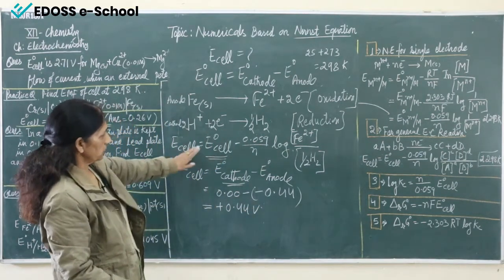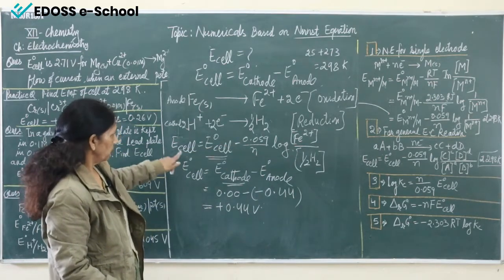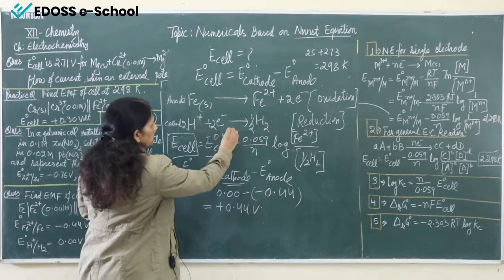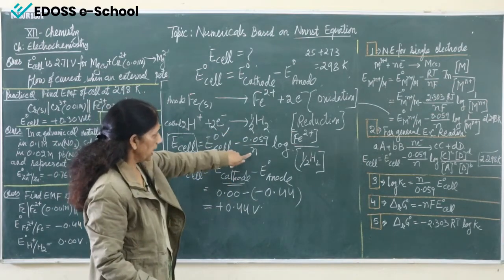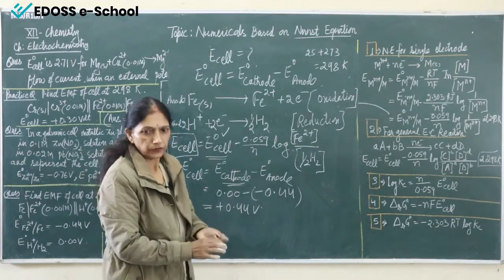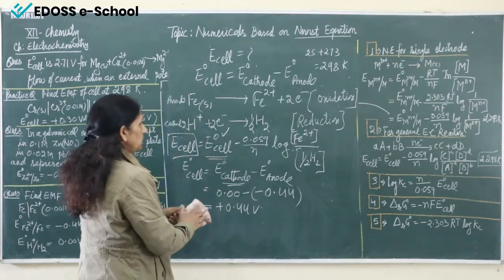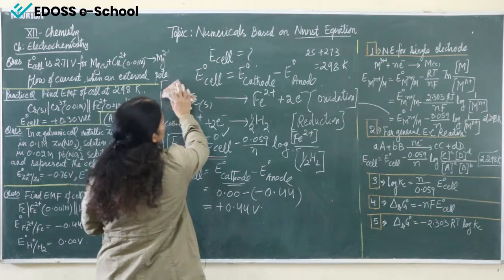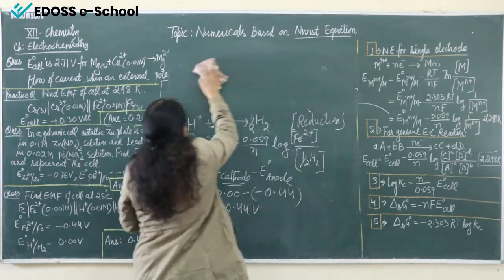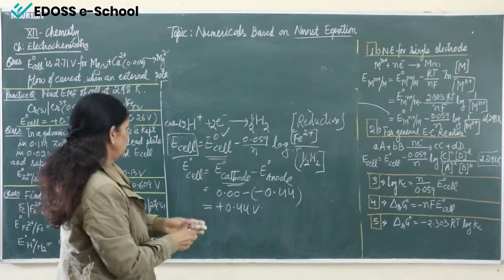Now in this equation, you can see n means 2 electrons are involved, and log of Fe.